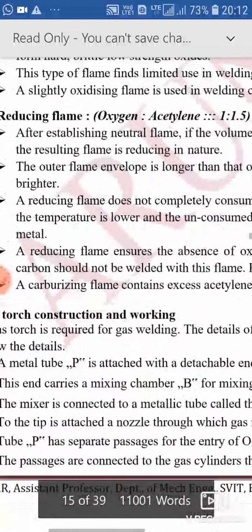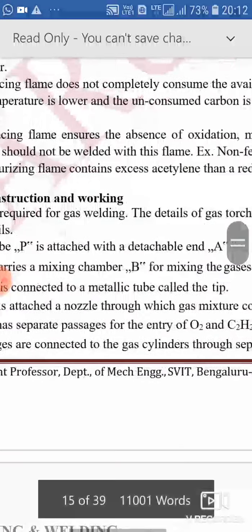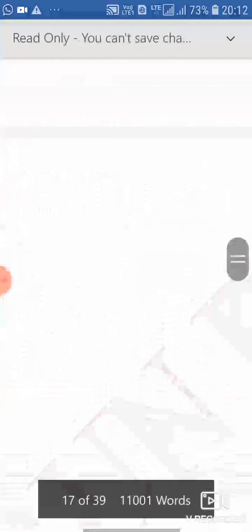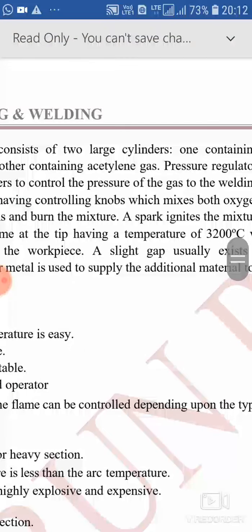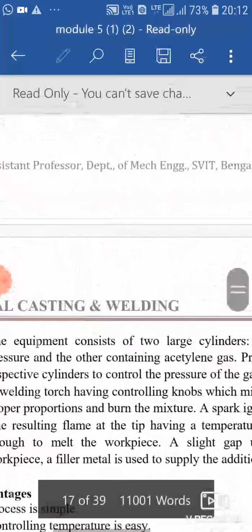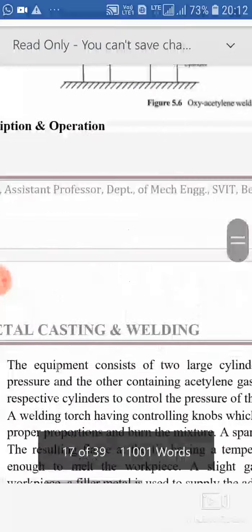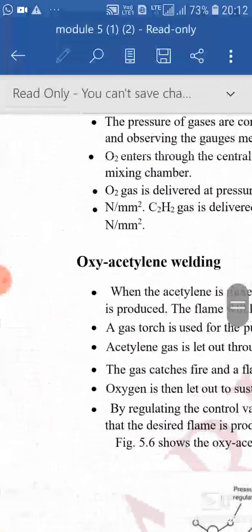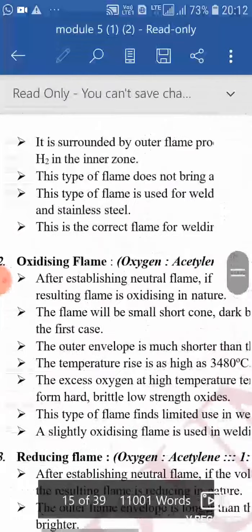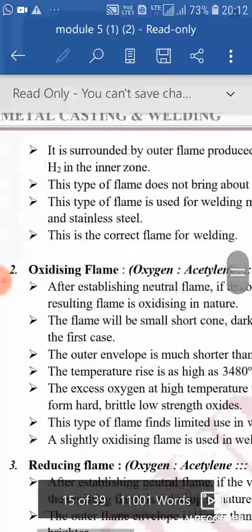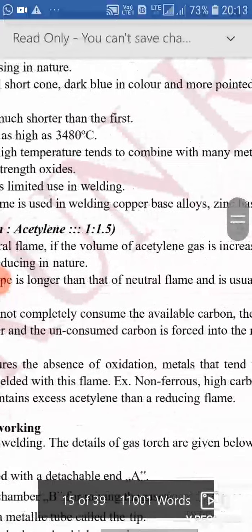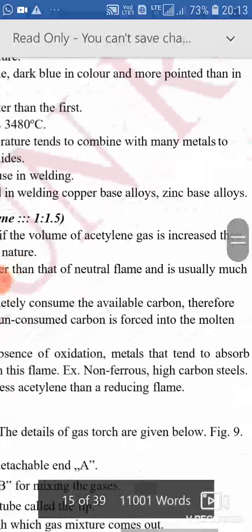A reducing flame does not completely consume the available carbon.